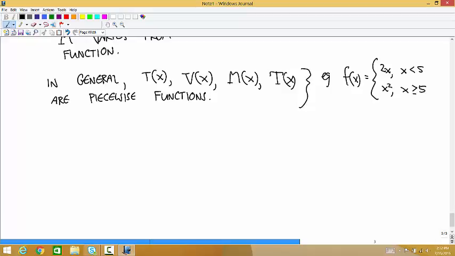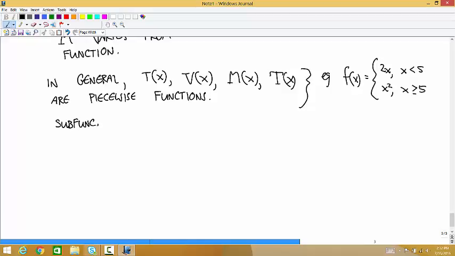Those are piecewise functions, and that's the kind of thing that these are, generally speaking. And the individual functions that make up these piecewise functions are called subfunctions. And so we need to know where the subfunctions change that represent each of these things.